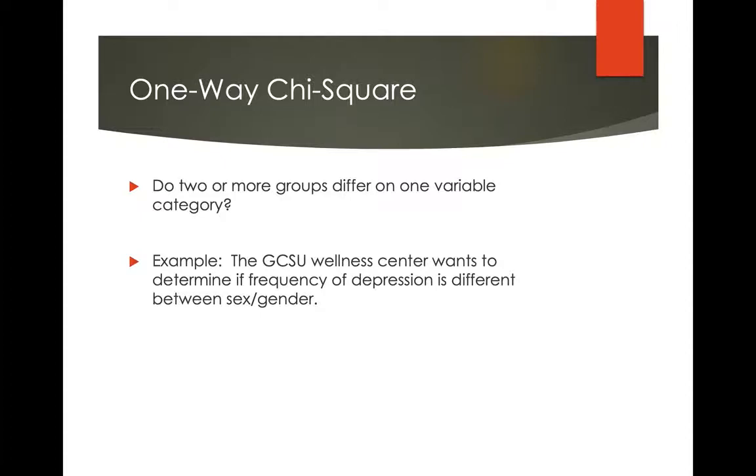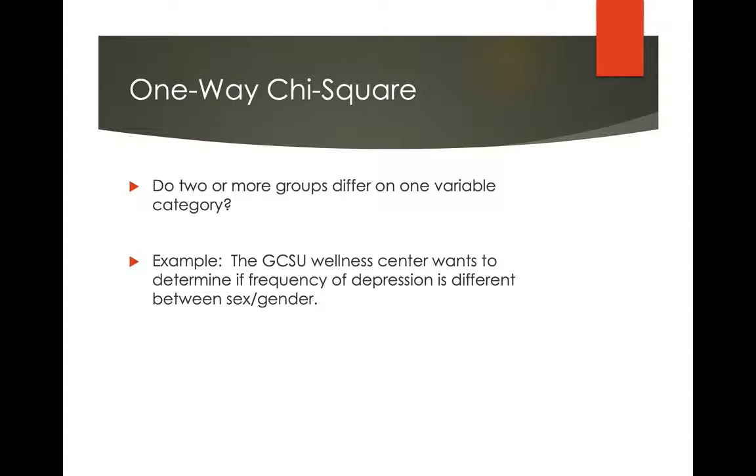With the one-way chi-square, what we are asking is, do two groups or more differ on one variable category? So does the percentage of men differ from the percentage of women who use marijuana?